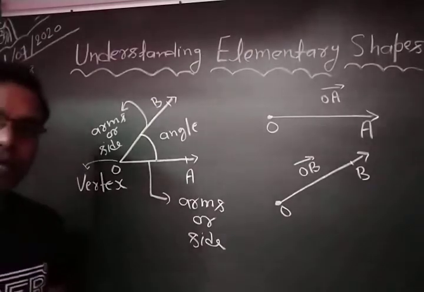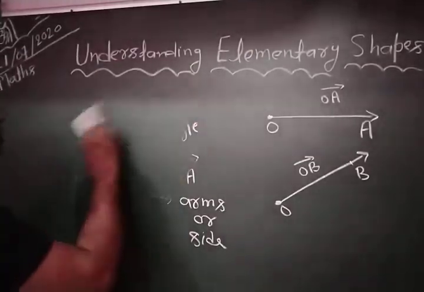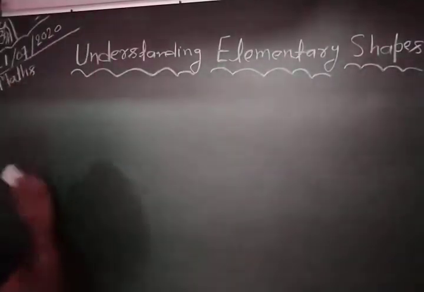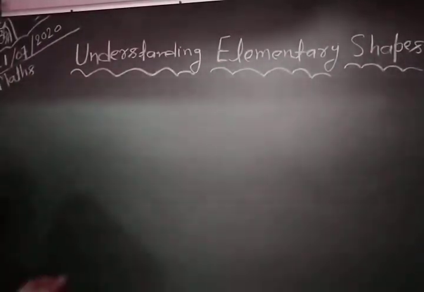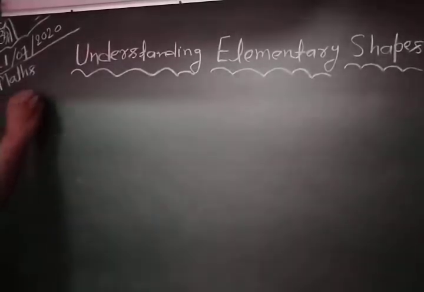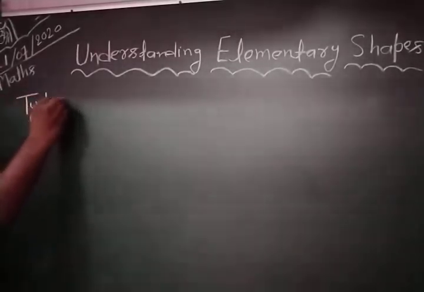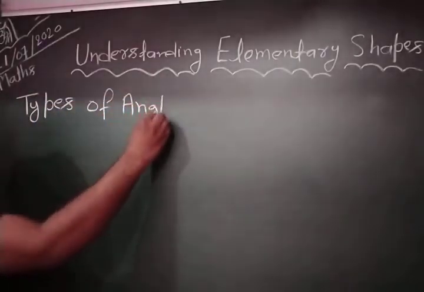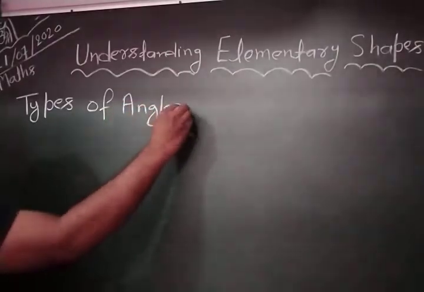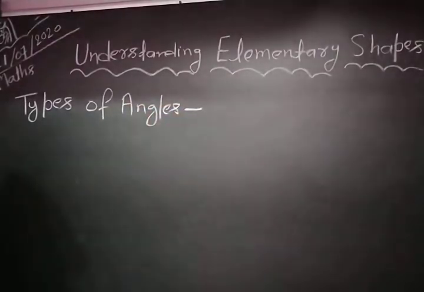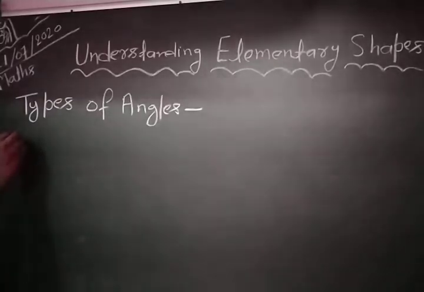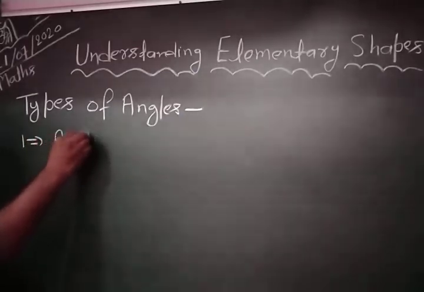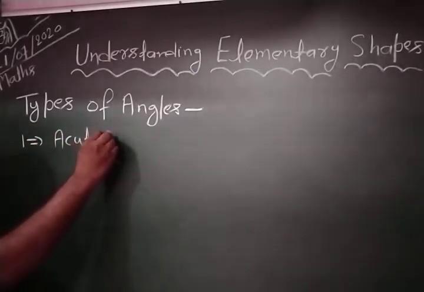So let's see what the types of angles are. The first type is called an acute angle.